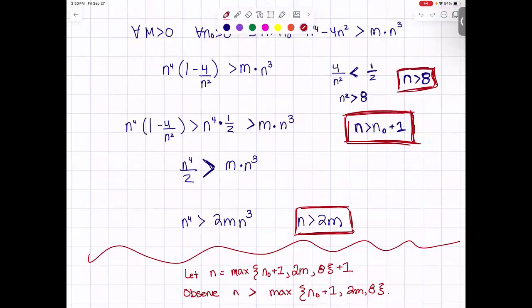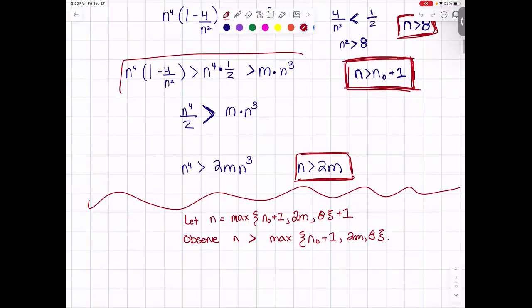So if you combine them, we know that we're living in that non-fractional space. We don't have to worry about the fractions messing up something like this and suddenly ending up with a value that could potentially cause problems there or there. And then we can also observe that n is greater than 2m, which allows us to prove this point right here.